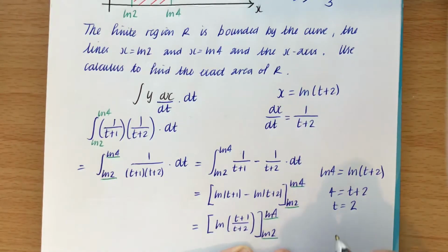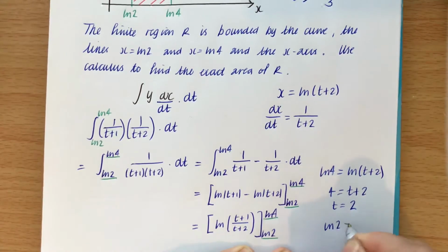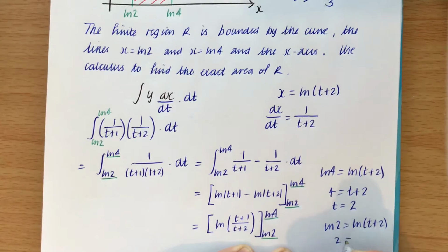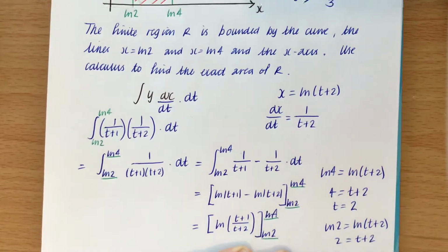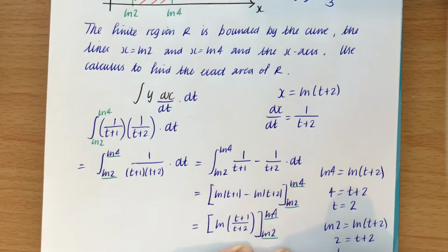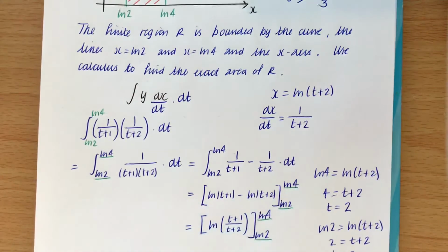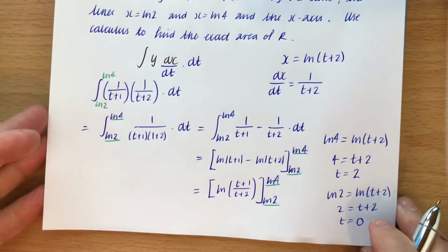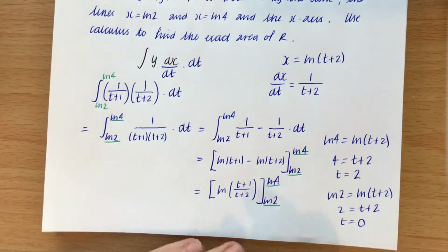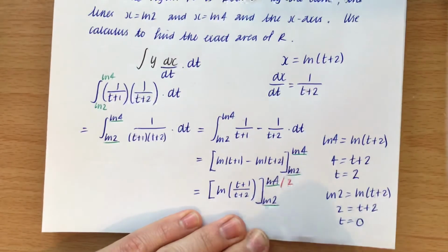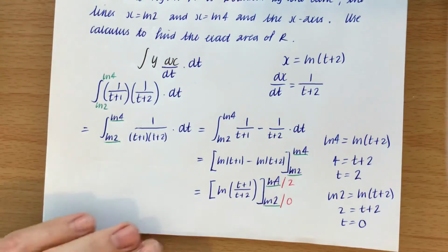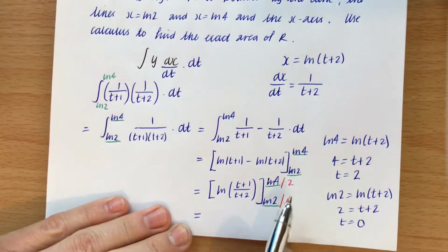It's very similar for the other: log of 2 equals log of (t plus 2), so 2 equals t plus 2, and then t equals 0. And they are what the limits should have been all along. So this one should have been a 2 and that one should have been a 0. It makes the substitution a lot nicer now.